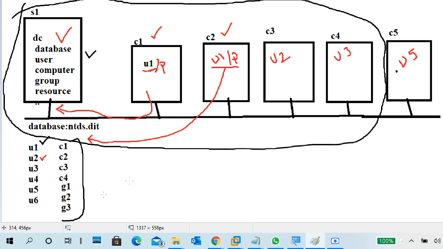When you log into any PC in the network, either a server or a client, it depends on who is authenticating. In a workgroup, the PC will authenticate you. Here, the central server is authenticating. It stores the data and authenticates users.